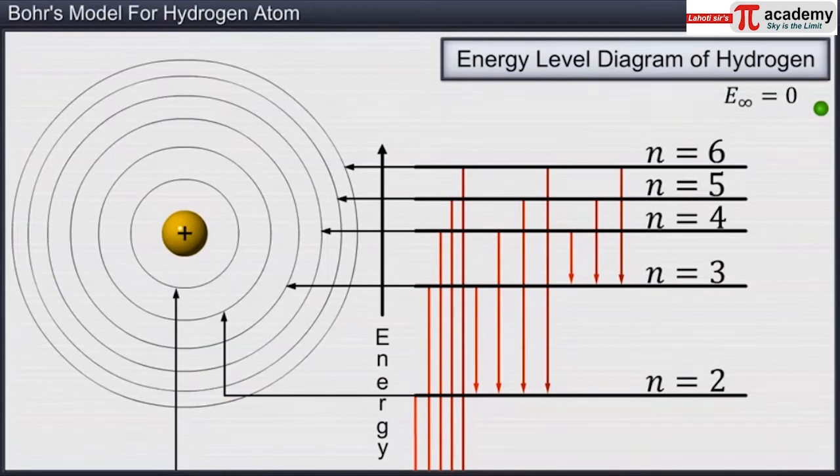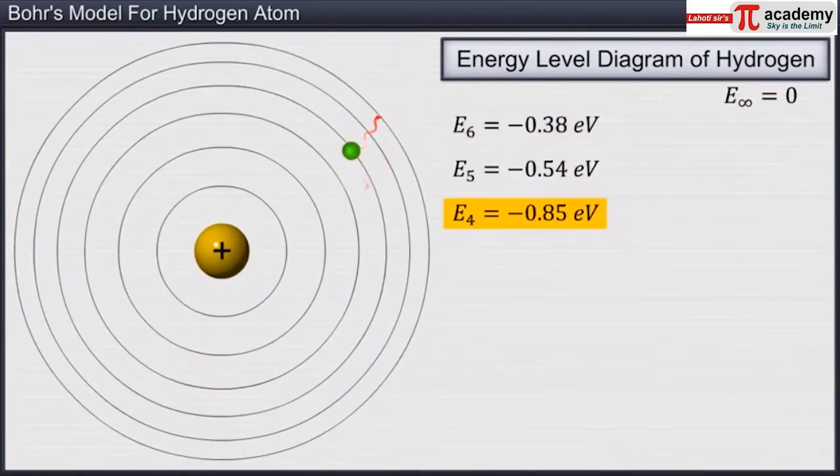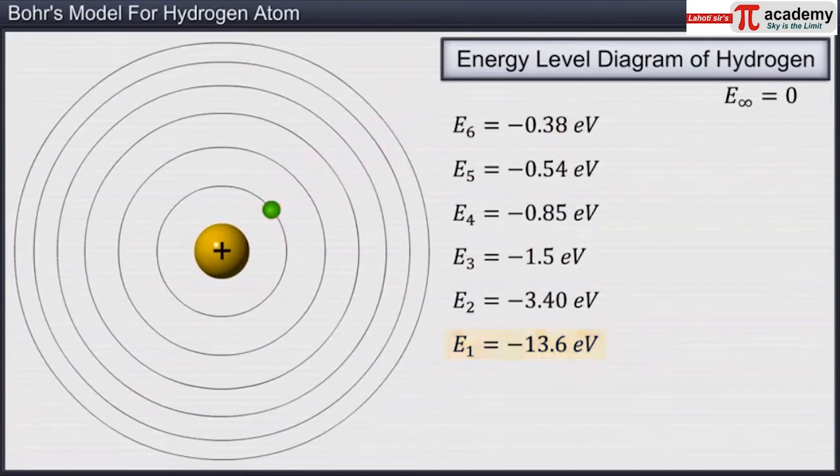In other words, the hydrogen atom is said to be ionized. An electron emits energy as it approaches the nucleus, and hence its energy decreases with decrease in distance between it and the nucleus. This principle accounts for the negative sign of energies of electrons in various orbits.